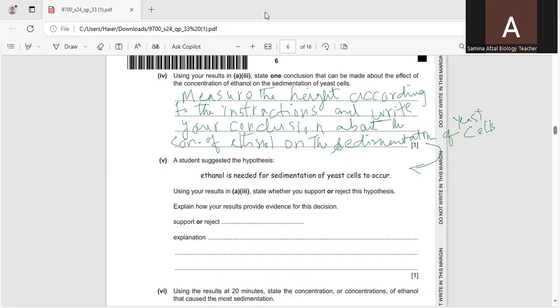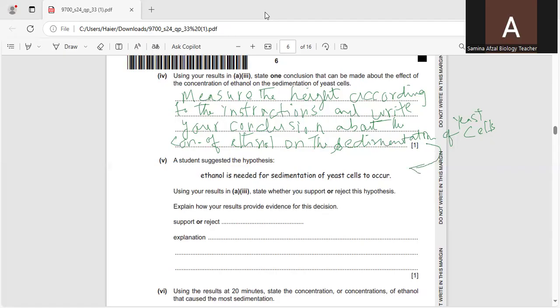It will depend on the results which you have obtained after doing all those steps which we did previously, step number 5 to step number 15. So after measuring the height, after making a table, you will be able to reject or accept this hypothesis.